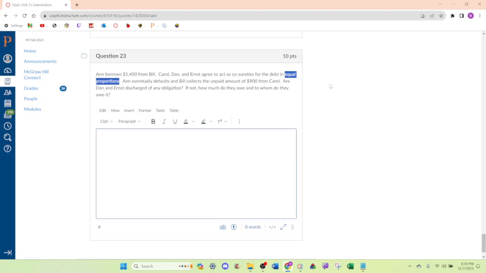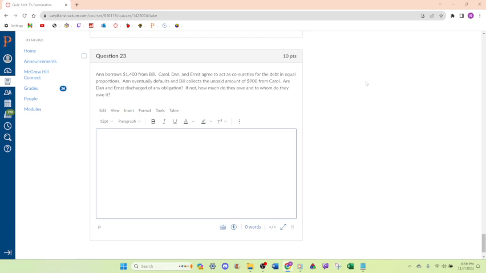It says equal proportions, but again, I don't know, because one question didn't say equal proportions. One question just said they both were guarantors.